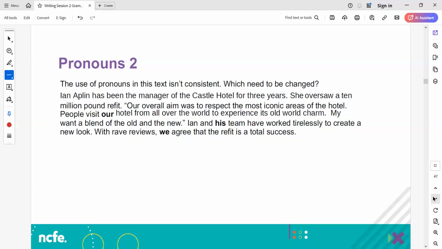People visit our hotel from all over the world to experience its old world charm. My want, a blend of the old and the new. Ian and his team have worked tirelessly to create a new look. With rave reviews, we agree that the refit is a total success. So any errors there?